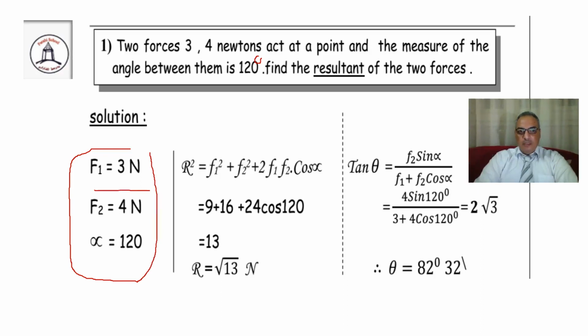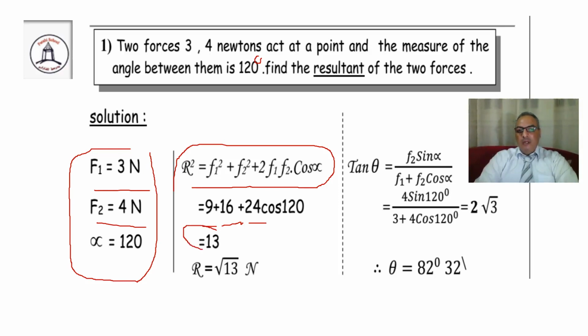Right, here is the data of the exercise. F1 equals 3 Newton, F2 equals 4 Newton, alpha is 120 degrees. Write the formula from above: R square equals F1 square plus F2 square plus double F1 F2 cosine alpha. Substitute F1 square, F2 square, 2 by F1 F2 cosine 120, using the calculator. R equals root 13 Newton.